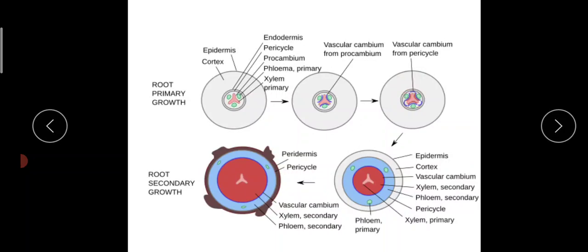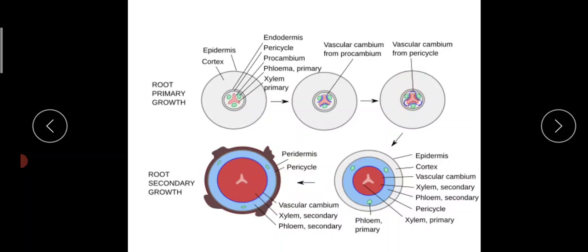That is, the conjunctival cambium, which is lying beneath the primary phloem, becomes active first, and only after some time the pericyclic cambium becomes active. So that is why we are saying that the cambial activity is not uniform.